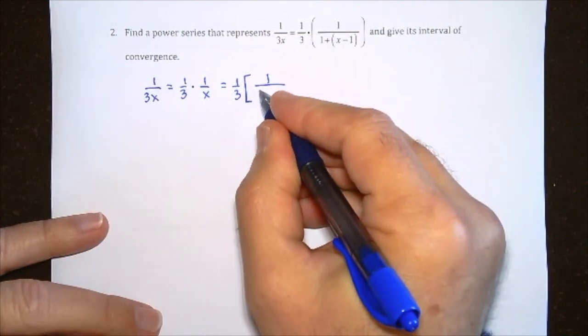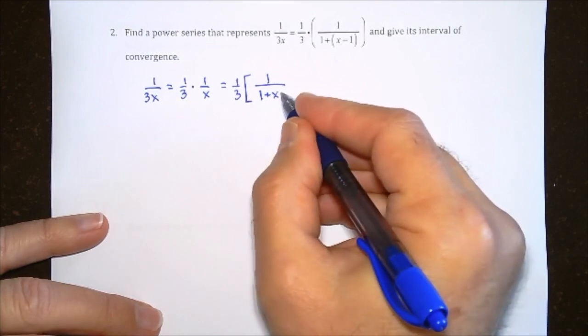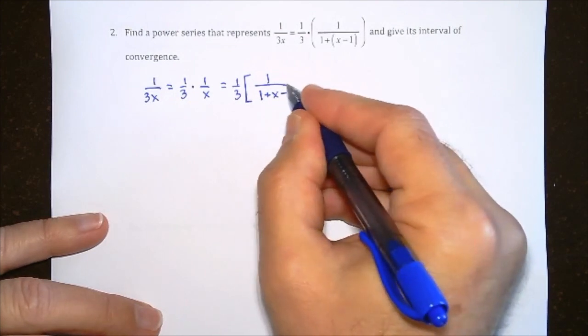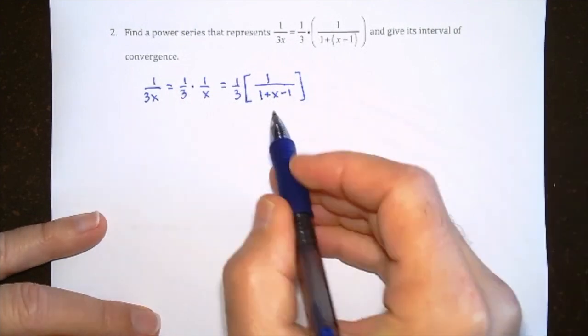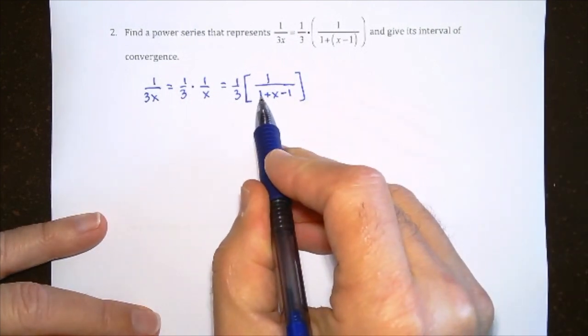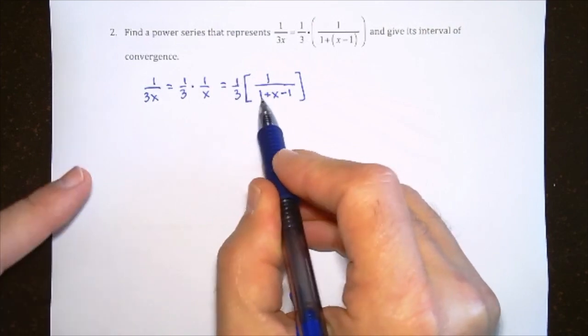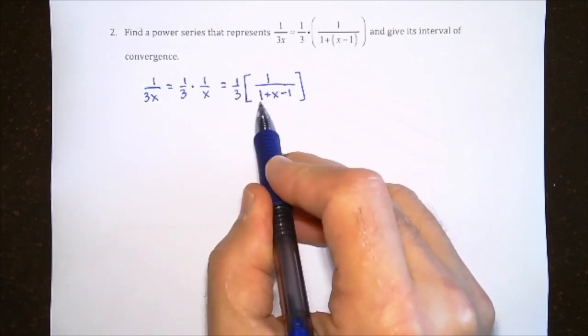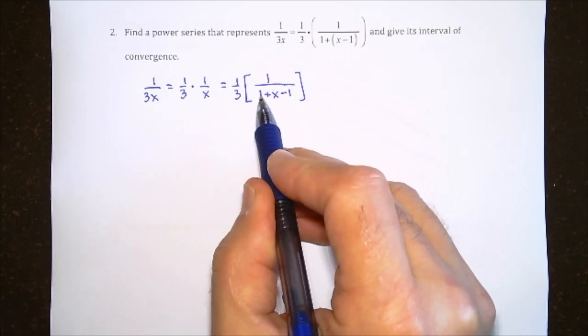We could do that by taking 1 plus x and then taking away 1, because that would still be 1 over x. I'm starting with a 1 here and not x, because you could do x plus 1 minus 1, but I'm starting with the 1 right here because the geometric series sum always starts with 1 right here.